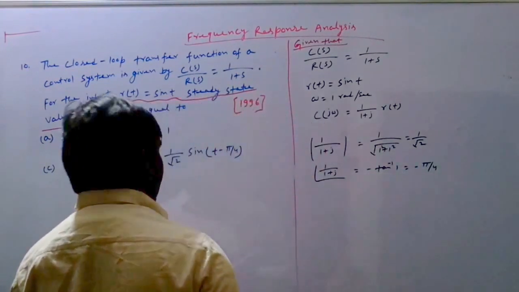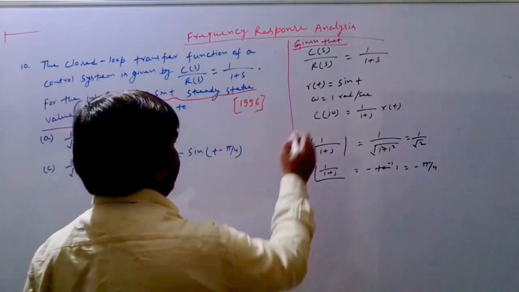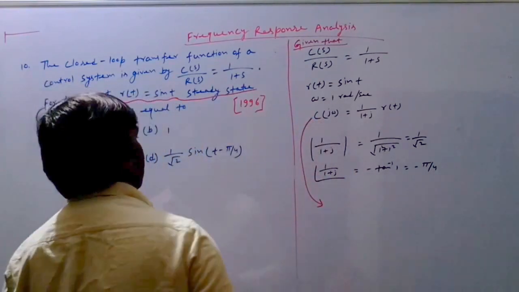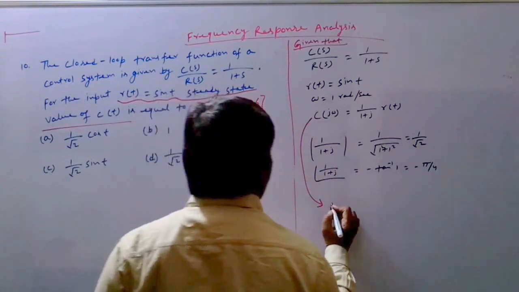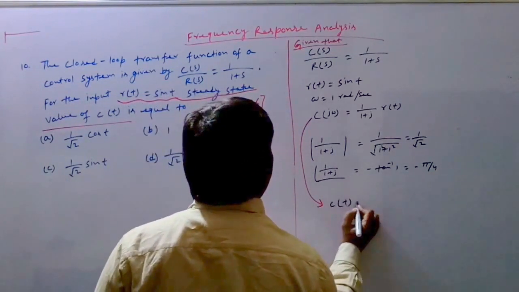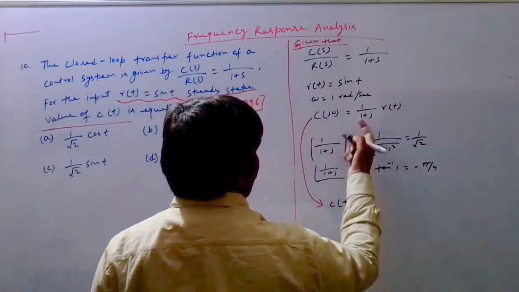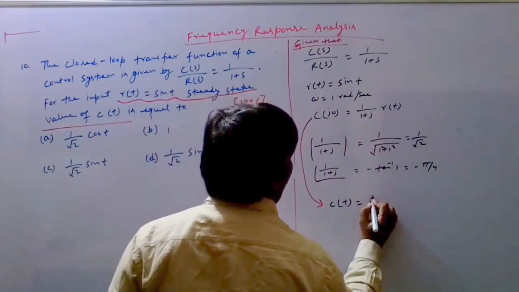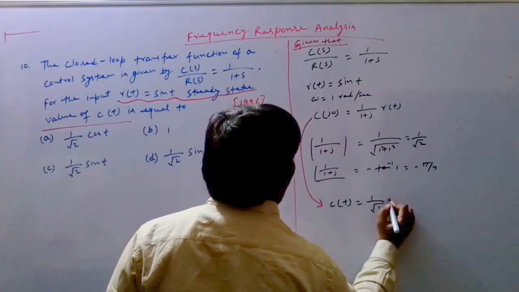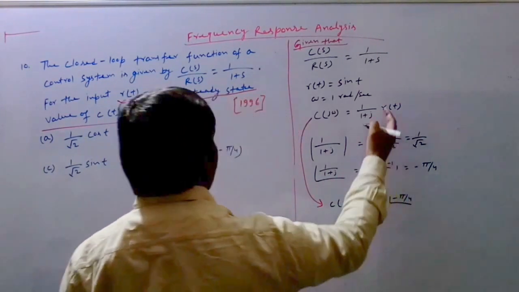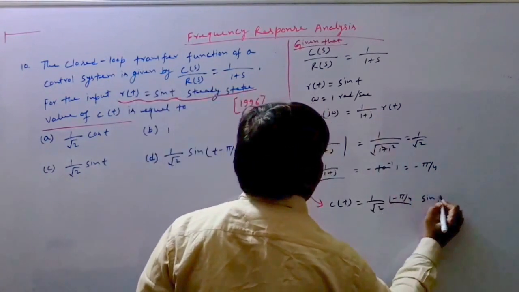So from here, c(t) will be equal to 1 by root 2 angle minus pi by 4, multiplied by sin t.